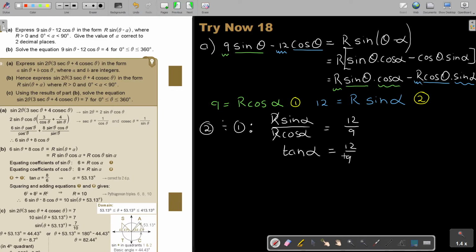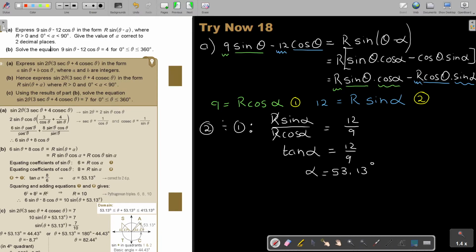Okay, so let's just go to degrees. So it's going to be shift, tan, bracket, 12 divide 9, close the bracket, equals, so alpha is equal to 53.13, 2 decimal places. Correct to 2 decimal places, they said there.